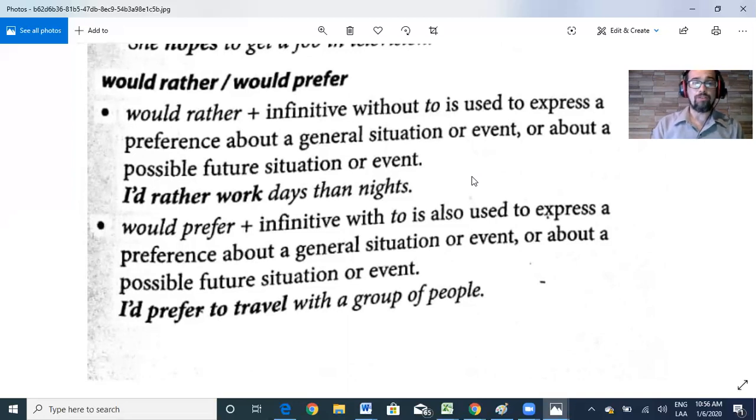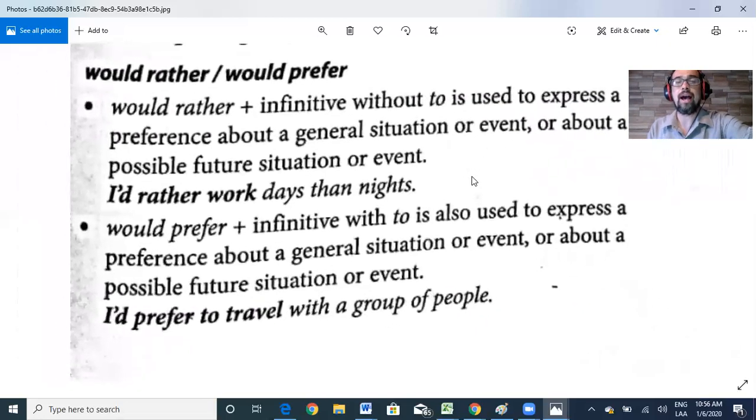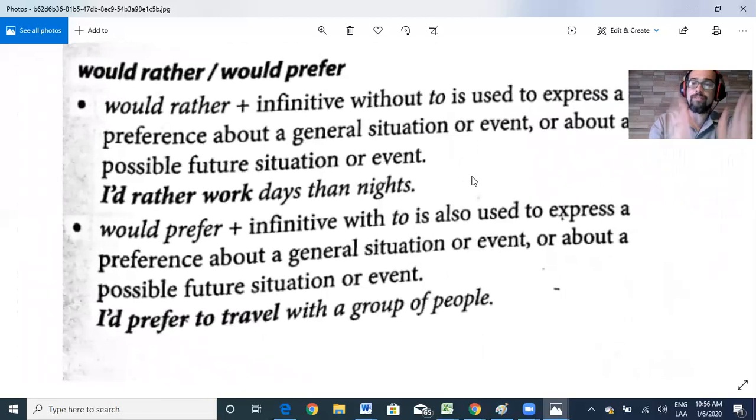So for example, you can say, I would prefer to travel with a group of people. So that's both ways, because some people get confused with would rather or would prefer and how to use them. Well, we have both of them here. And again, please try to write down your own examples so that it will be easier for you.